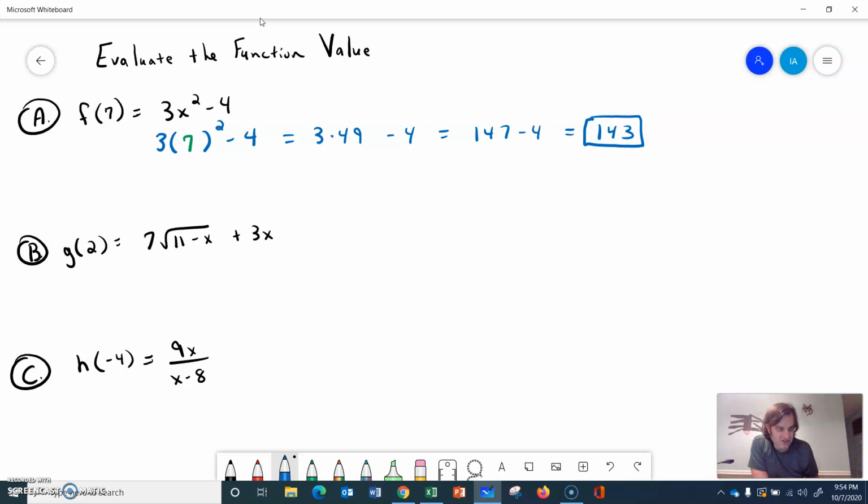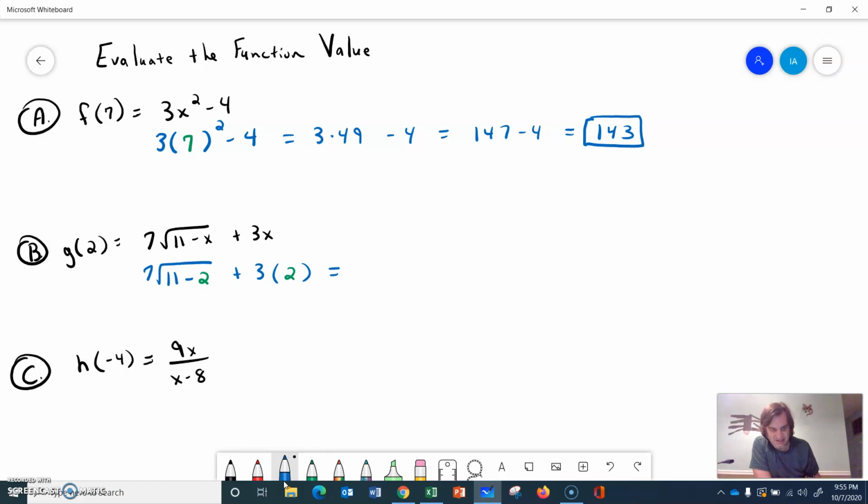B, g of 2 equals 7 times the square root of 11 minus x. Then after that, plus 3x. So we're going to do the same thing. We're going to plug that 2 in everywhere we have an x. So let's see here. 7 times the square root of 11 minus 2 plus 3 times 2.